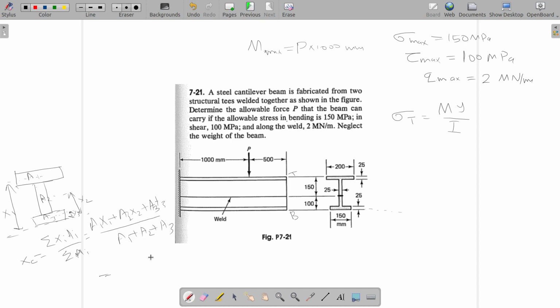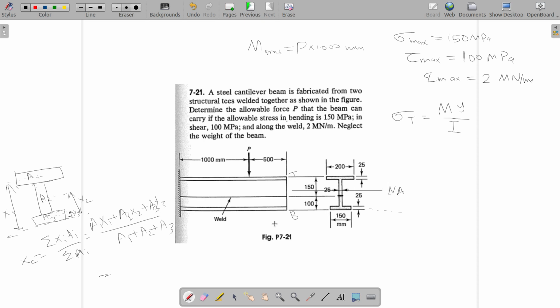That will give you the location of the centroid, and that will be somewhere here, I believe. It will be above the weld, because you know that this is 150, this is smaller. Anyway, this is not the exact location, it will be somewhere here.